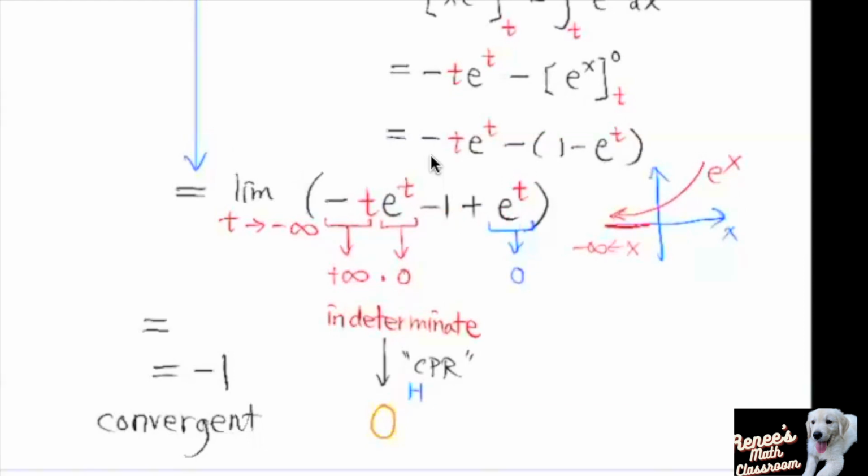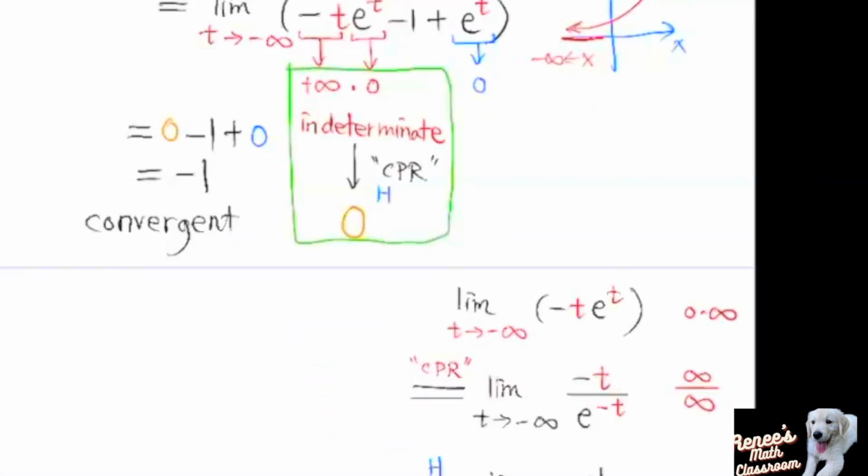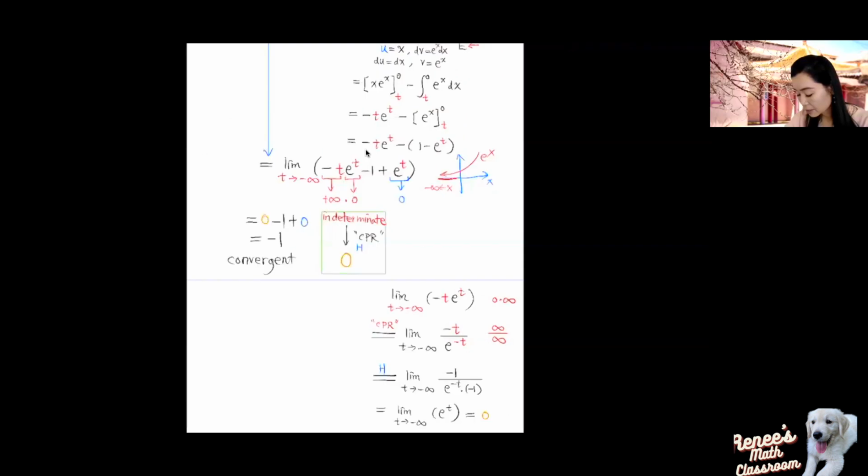So you get 0, minus 1, plus the 0 over here, so that is negative 1. Remember, this part is only for this part right here.